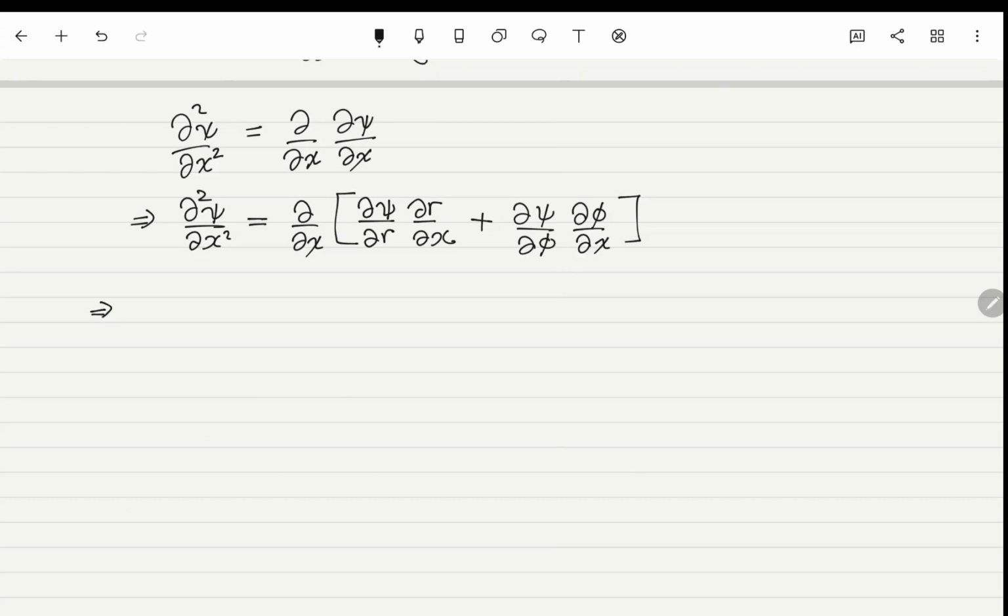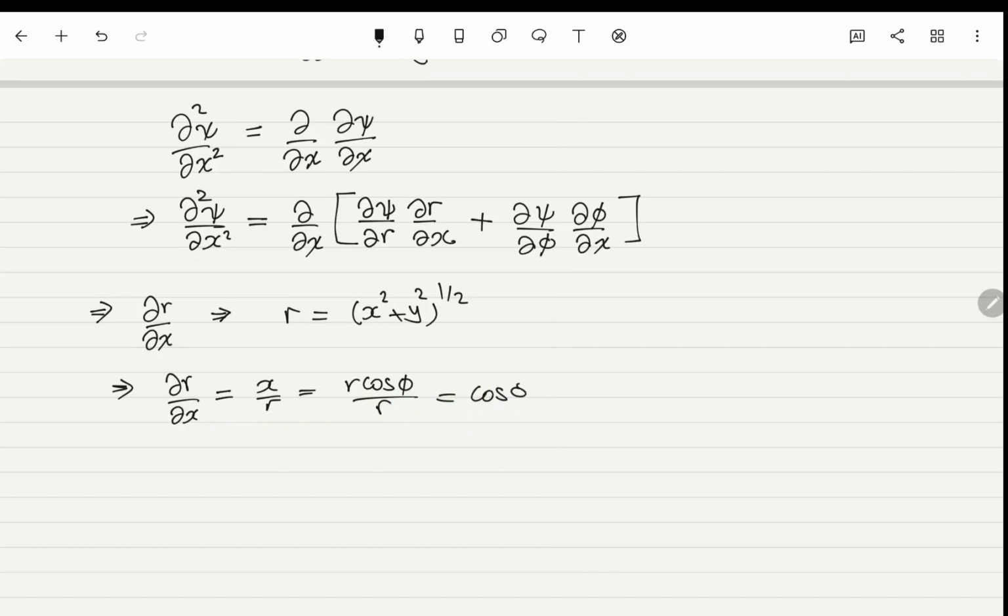Now to find partial r by partial x, using the relation r equal to x squared plus y squared to the power half, therefore partial r partial x equal to x over r, or r cosine phi by r, which equals cosine phi.